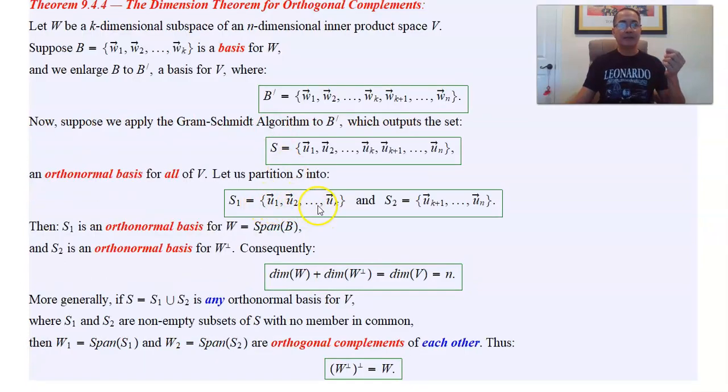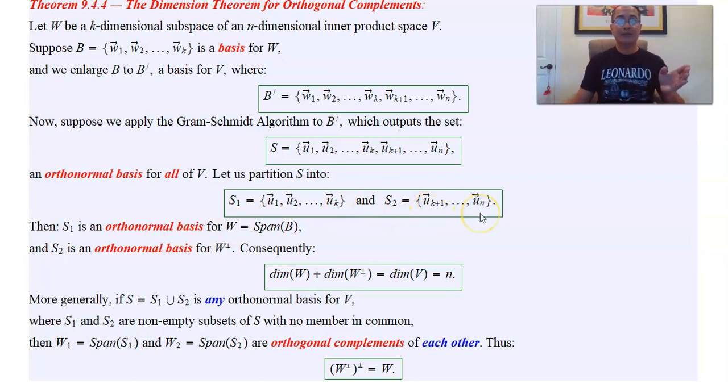So the span of the first k vectors in the output is the span of the first k vectors in the input. But wait a minute, that's a basis for W. So therefore, S1 is also a basis for W, but because the output is an orthonormal set, it's an orthonormal basis for W, even more special.